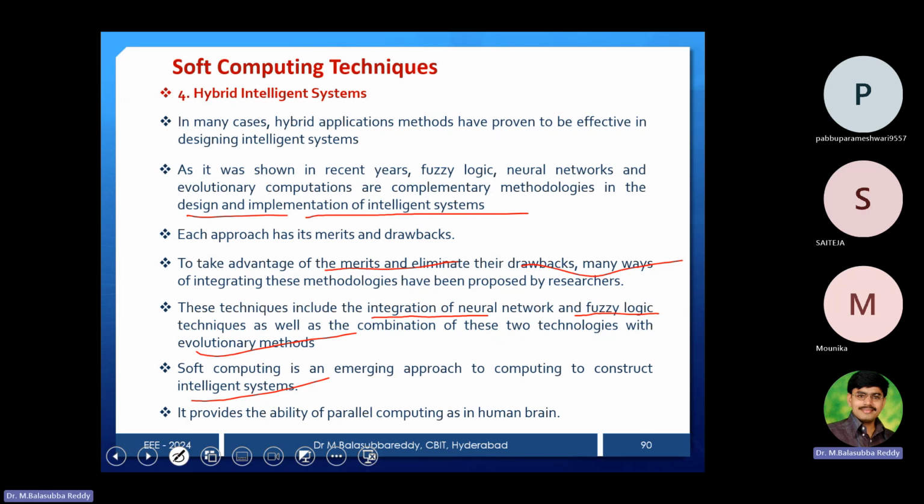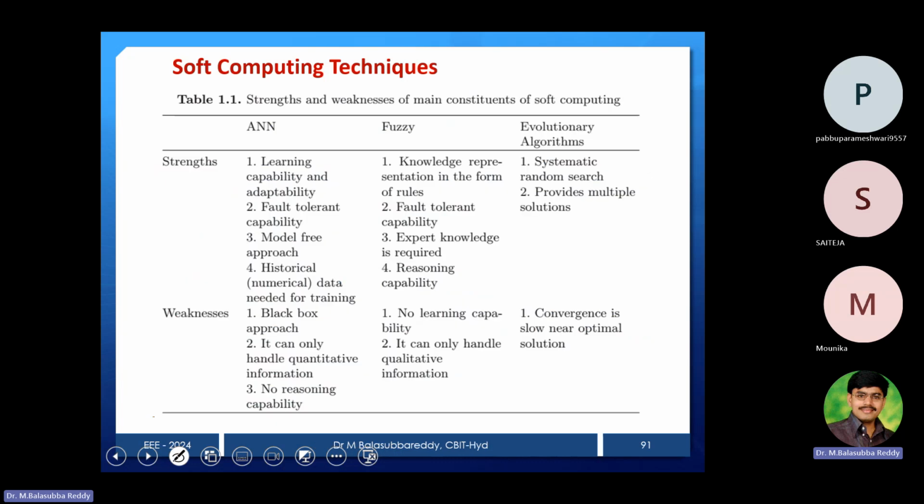Like that, many combinations are added to become a hybrid algorithm. But you can see some strengths and weaknesses of different approaches. We have ANN I explained, fuzzy set I explained, and the evolutionary algorithms. In that, we can easily notice the strengths and weaknesses of soft computing techniques in the different cases.